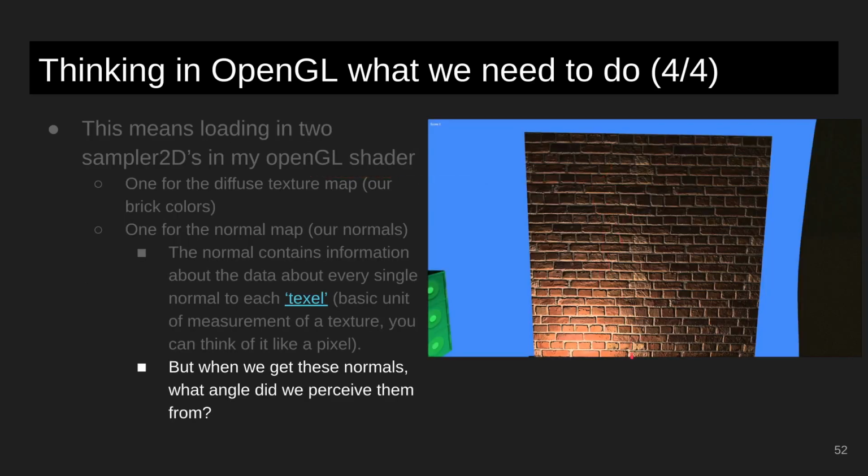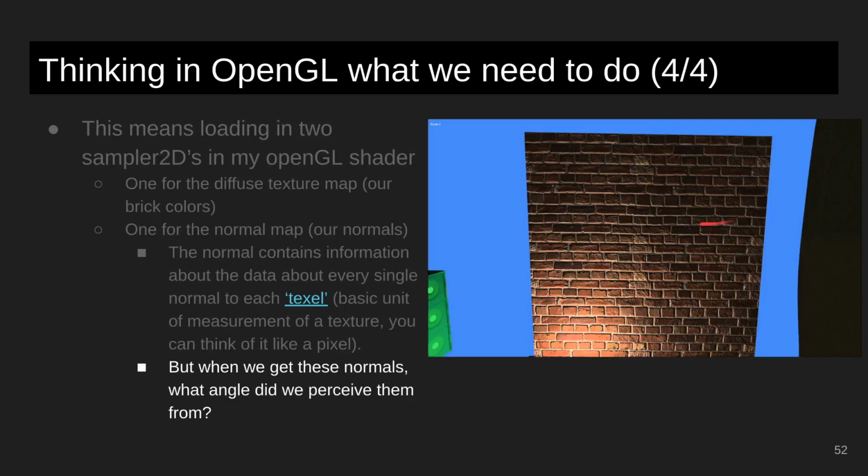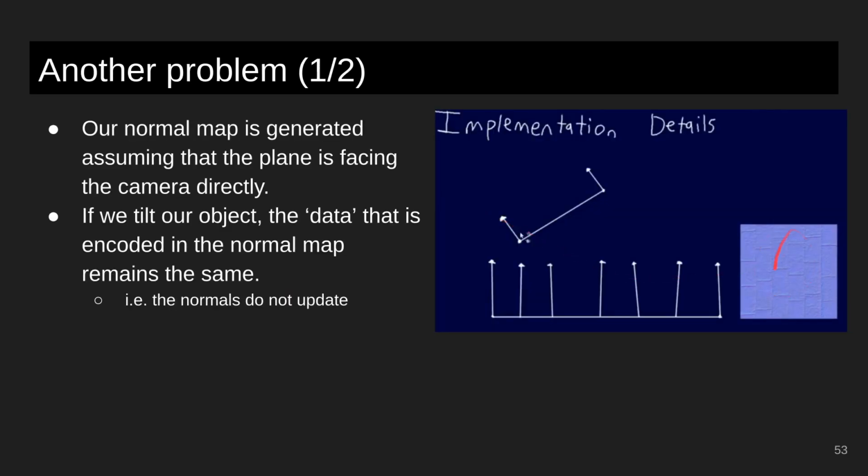That is, we're on a front facing view of this object, and we generate the normals at this particular orientation. But if we tilt our object, the data in this texture is not changing. It's a static image, and if we rotate our object, let's say we turn it 180 degrees so the brick wall is facing away from us, well, we haven't updated our texture, which has that normal information, right? It's changed.